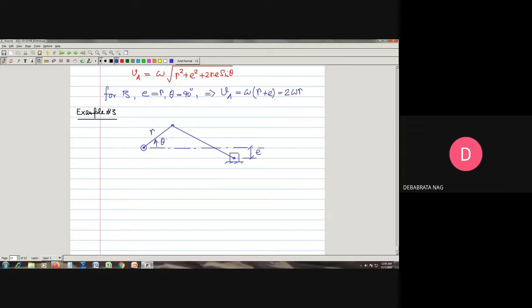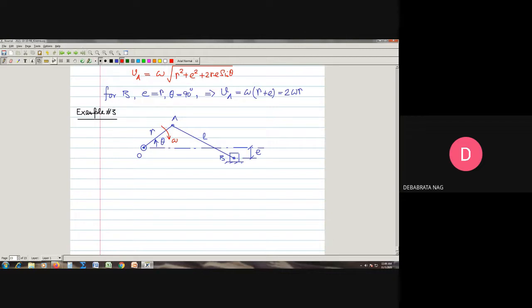Let us say this is O, this is A, this is B. And also let us suppose that AB is known to be equal to L. At the instant when this crank is rotating in this direction with an angular velocity of omega, what should be the corresponding velocity of point B?